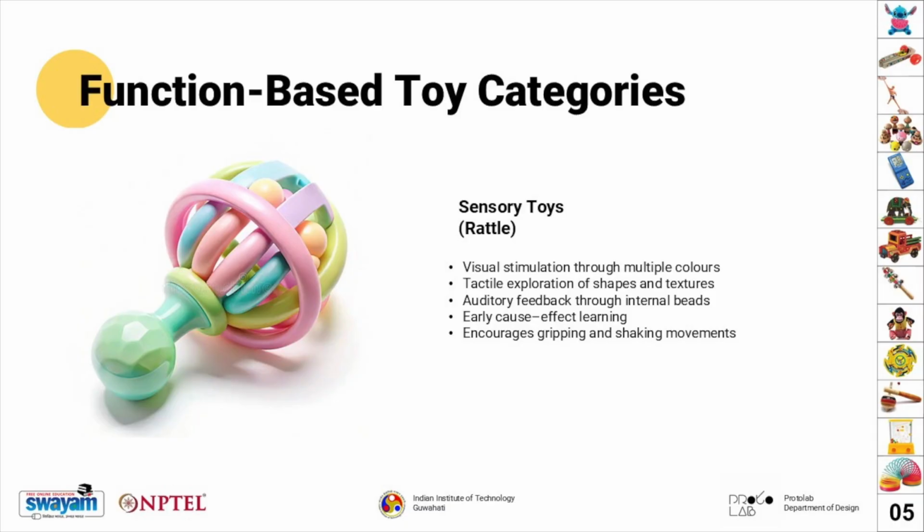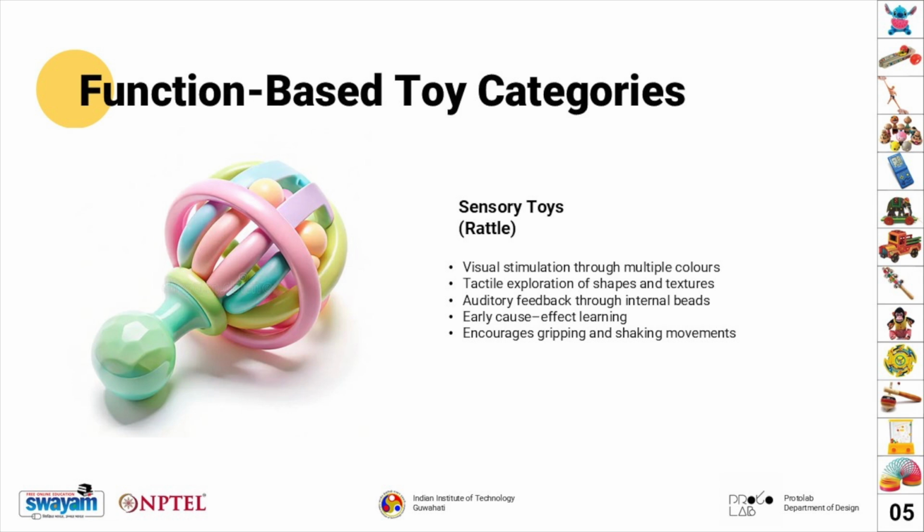The first one is sensory toys. Sensory toys are toys designed to stimulate the senses: sight, sound, touch. Think of rattles, texture boards, squeeze toys, light-up toys. Take this rattle, for example.